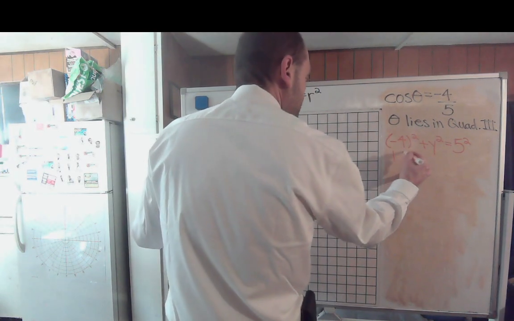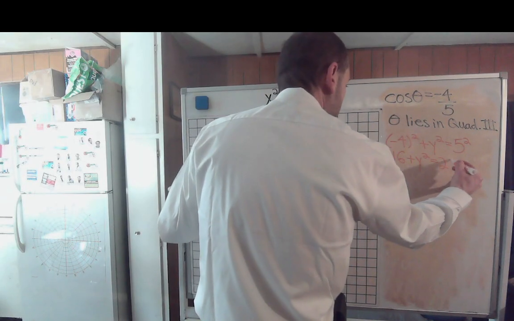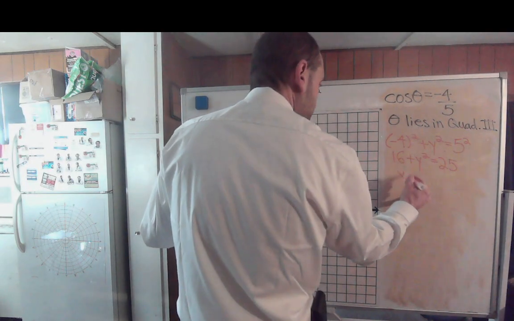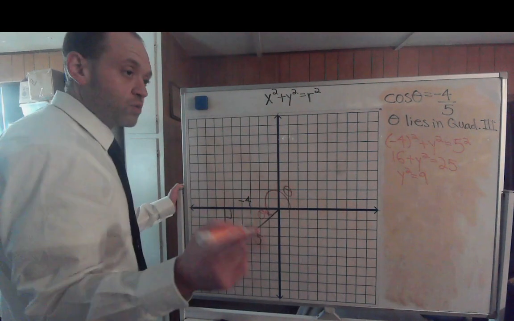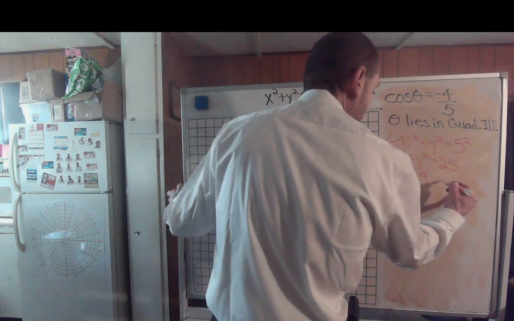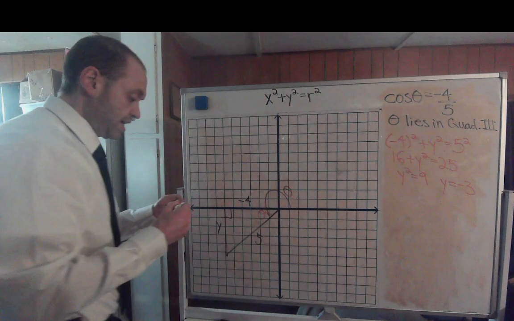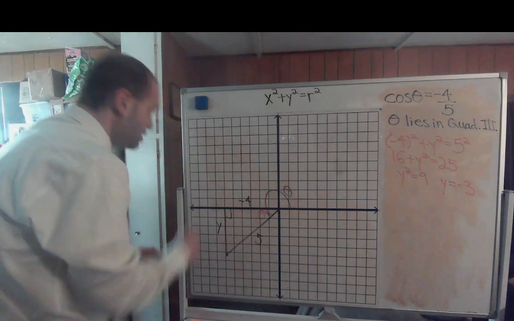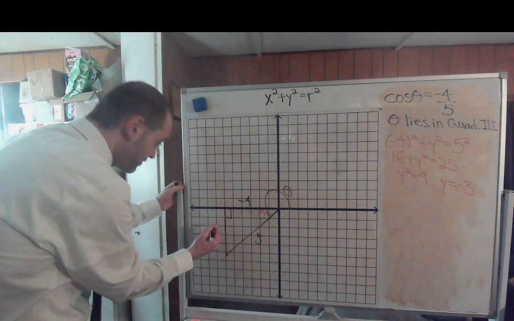You would end up getting 16 plus y squared equals 25, which gives you y squared equals 9. Since we're in the third quadrant, our y would have to be negative, so we take the negative square root of 9. Y is going to give you negative 3. So we now know our y value to be negative 3.